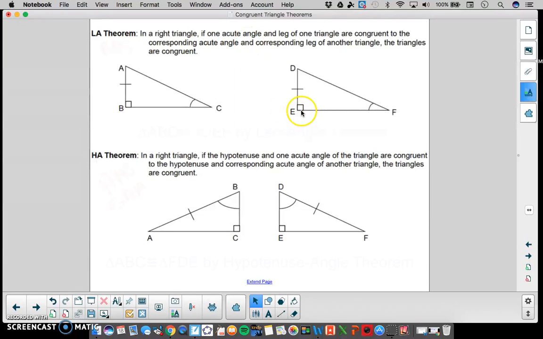It cannot count the right angle as that angle in the theorem. Once we have a set of acute angles and the legs of that right triangle that are proved congruent to one another, we know that triangle ABC is congruent to triangle DEF by the leg-angle theorem.